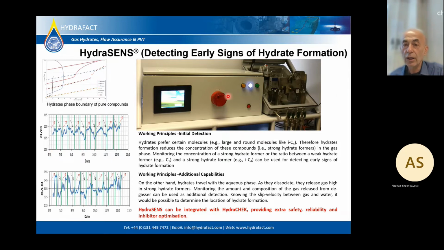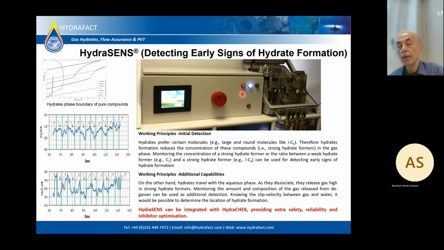So here, this is the device we have created that automatically takes samples, and then depending on what the outcome of the sample is, warns if hydrate is formed.